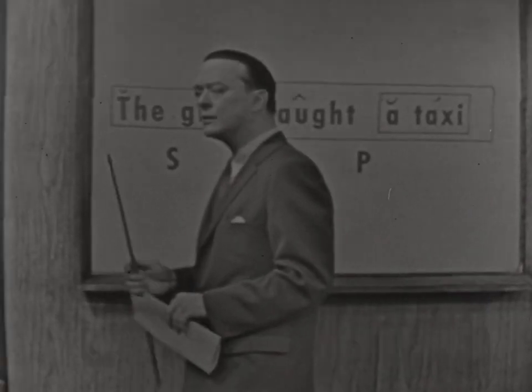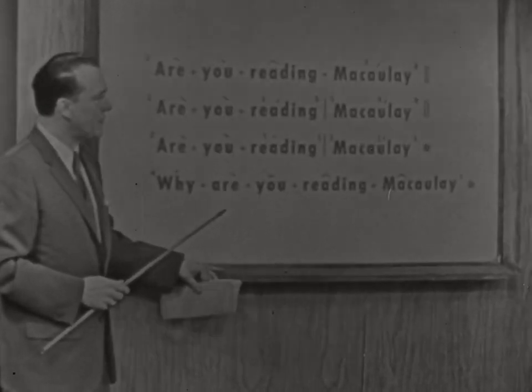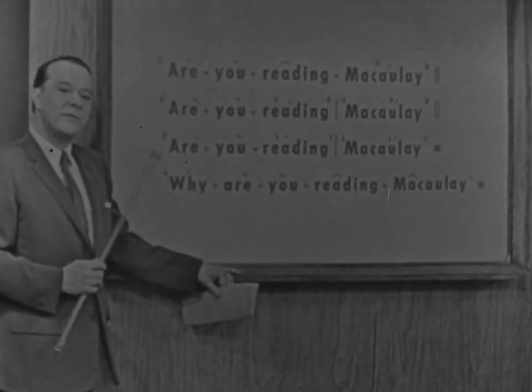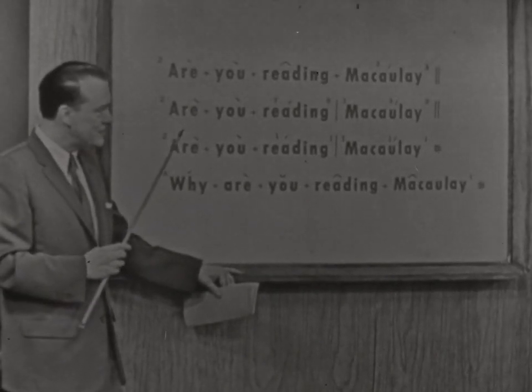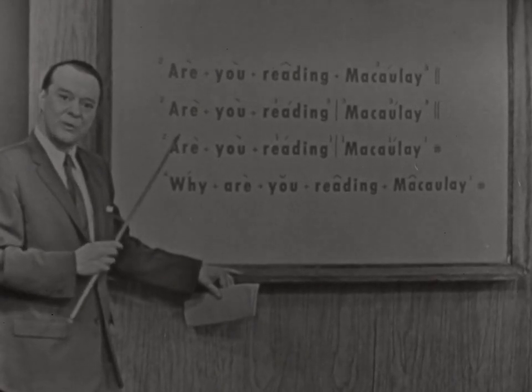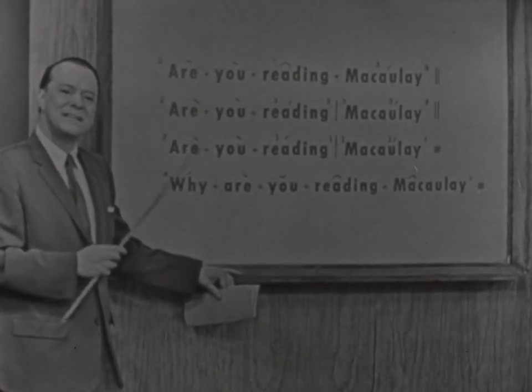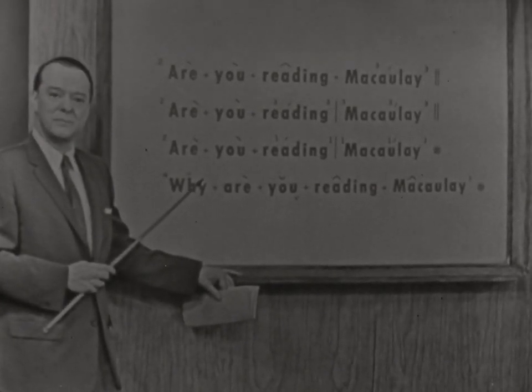Now, there is another item that we have to notice. That is, if the business of our stresses make a phrase superfix, and we can see how the phrases can be added one to the other, the thing that really tells us about how a sentence operates is the intonation pattern.